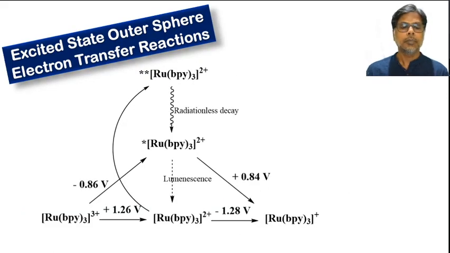Now I'm going to talk about excited state outer sphere electron transfer reactions, and let's take an example of the ruthenium tris bipyridine complex.